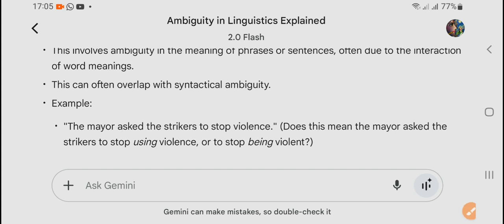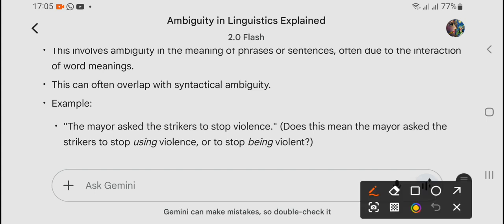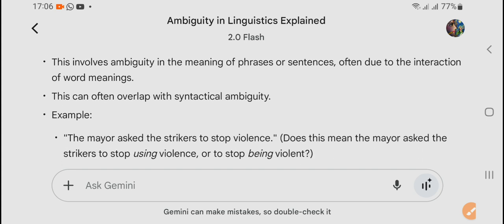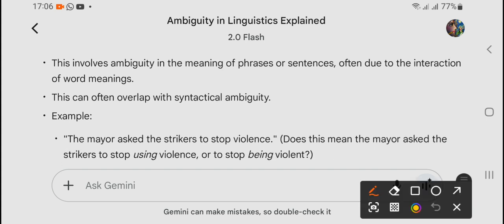So that's a semantic ambiguity, and that's a syntactic ambiguity. Almost common, but how is this semantic ambiguity? Because of meaning, actually, sometimes the meaning of phrases or sentences. So that involves ambiguity in the meaning. Semantic is the meaning of phrases or sentences.